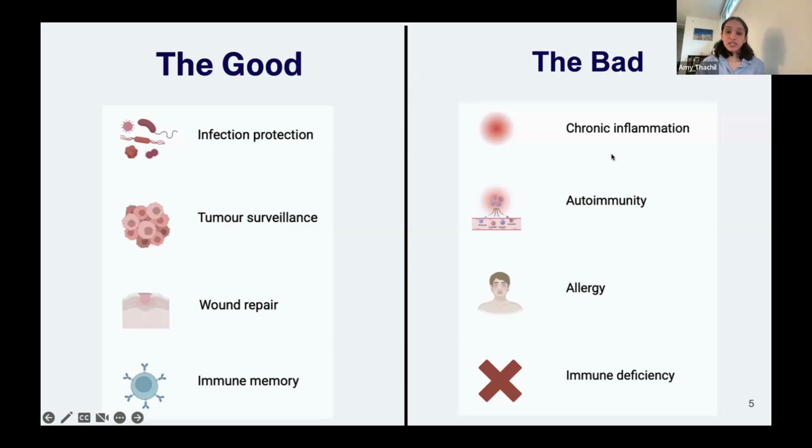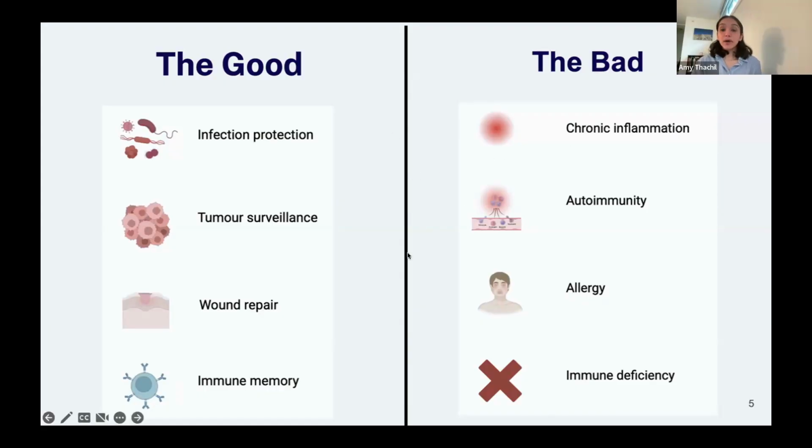At times, the immune system will respond excessively for a prolonged period of time, and that's the basis of chronic inflammation. But we also have instances where perhaps the immune response isn't adequate in eliminating threats, and that's where we see immune deficiency conditions. So overall, there's a bit of a balance to be struck. Too much immunity and too little immunity, these are both bad things and can result in disease.